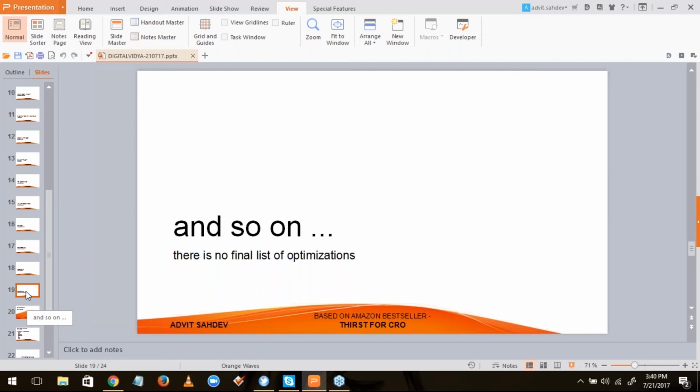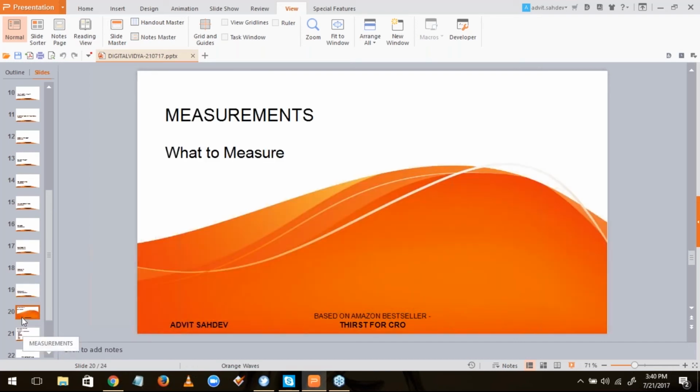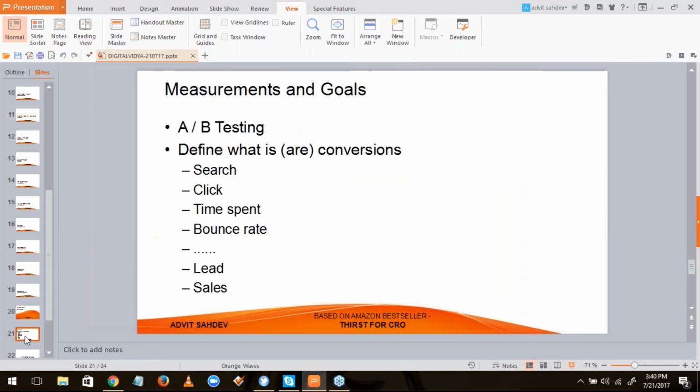And I've listed them down in my book anyway. They are available in much more detail over there. But the idea of this presentation was that I want you to understand that when someone comes to your website, you have to optimize your website, your landing page, and your conversion rates so that you get the maximum conversions, your cost per conversion goes down, and your profitability increases more and more.